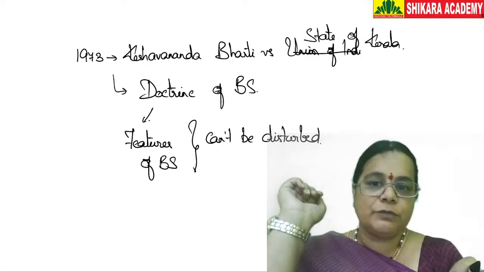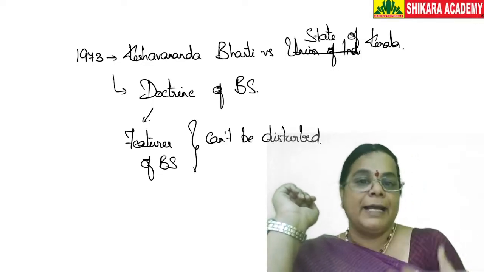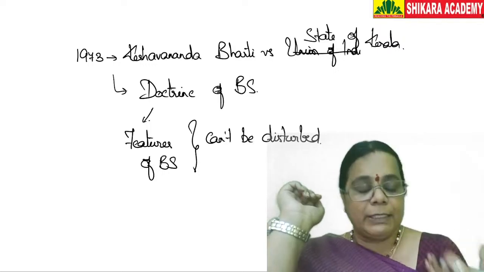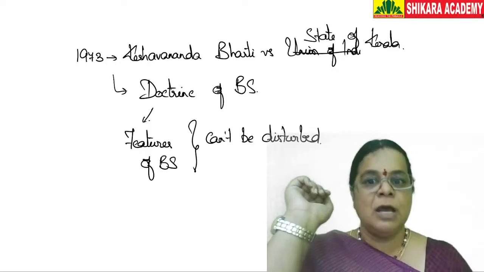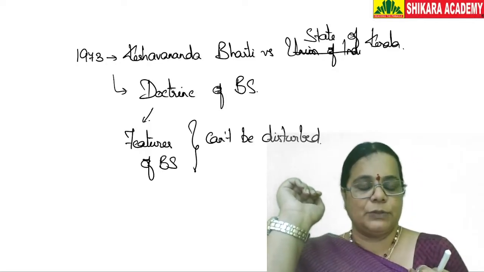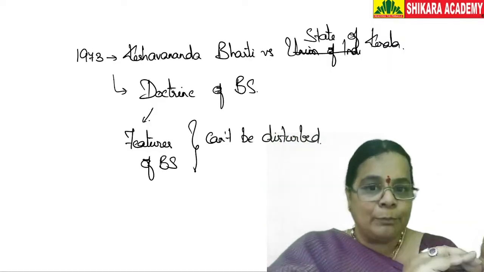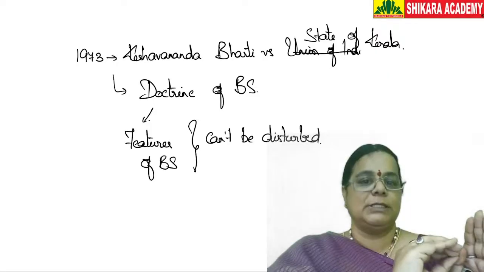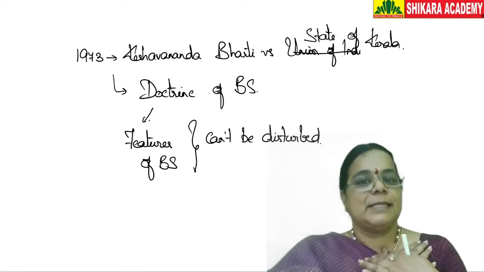What are the core features that the Supreme Court has identified? As the final interpreter of the constitution, the Supreme Court has identified certain features which it considers the basic structure of the constitution, and you should not tamper with them when amending the constitution. If you tamper with them, automatically I'll declare it invalid.